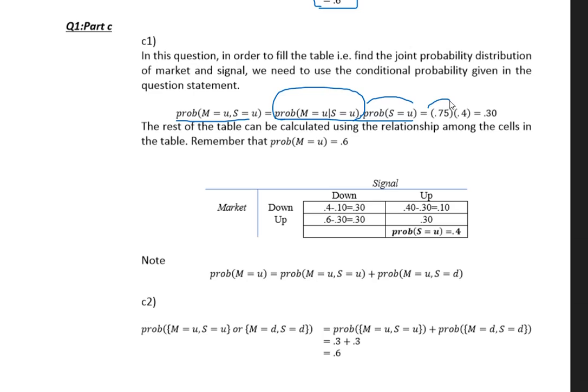This is given in the problem statement, and multiplying these two yields the joint probability of the market being up and the signal being up. This is for this cell of this table.